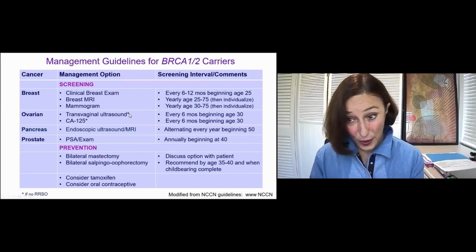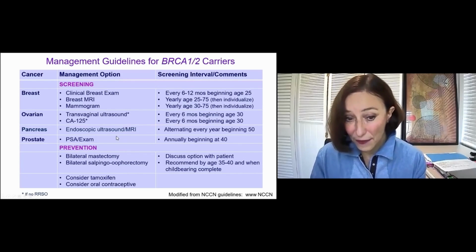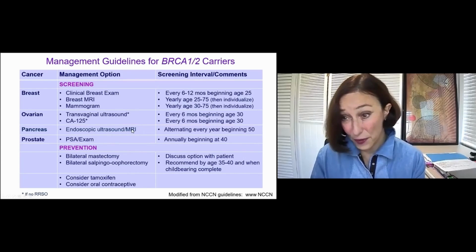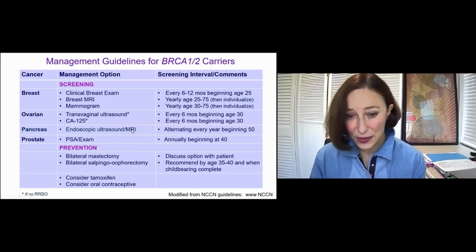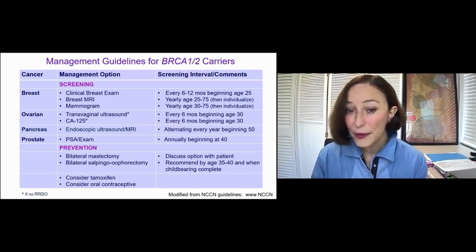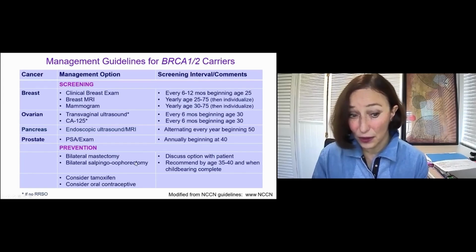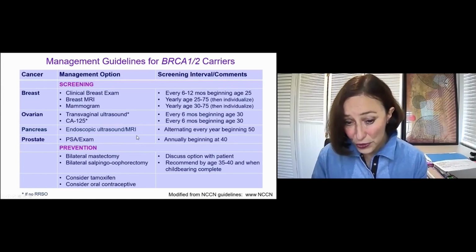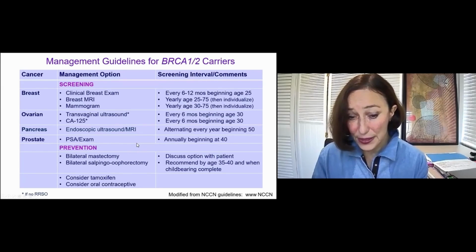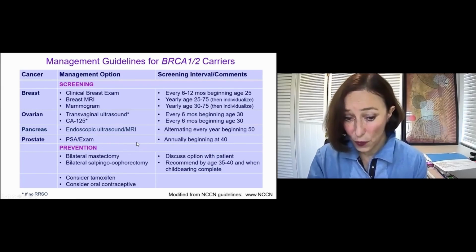Most of it doesn't work. We're not big fans here. We do have programs for pancreas screening because everybody's worried about that, but that deserves special discussion. Even in the presence of a mutation, you have to also have a family history before you'd want to do that. And then prostate cancer starting younger at 40. And then there are surgical options for reducing risk, and these are very individual. So we talk about those.